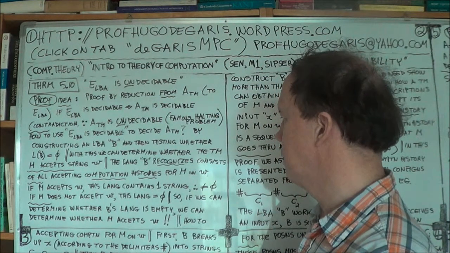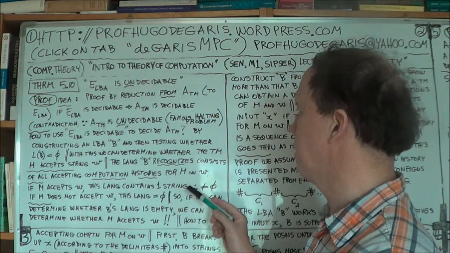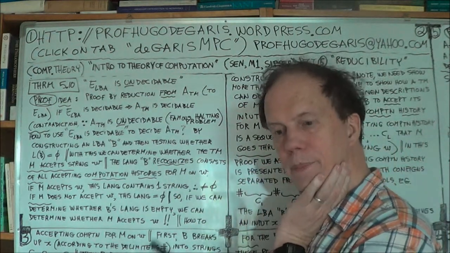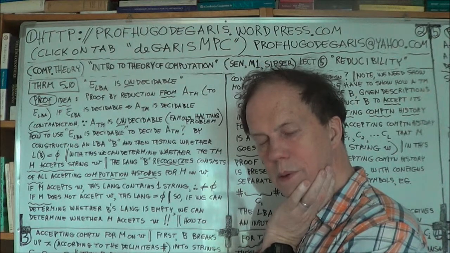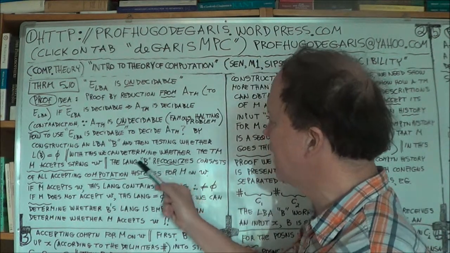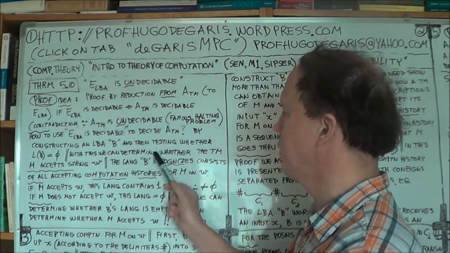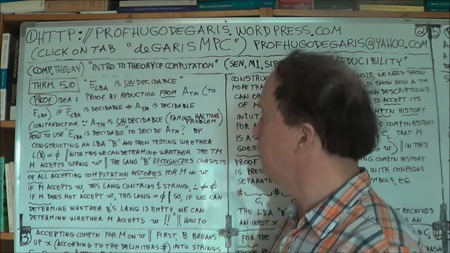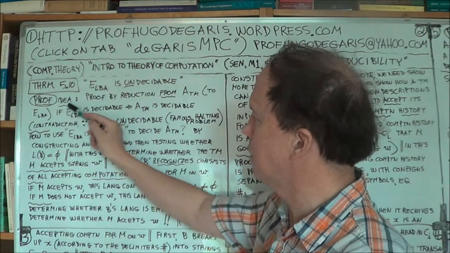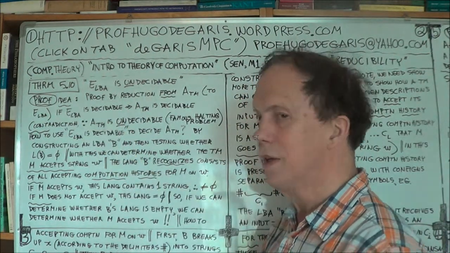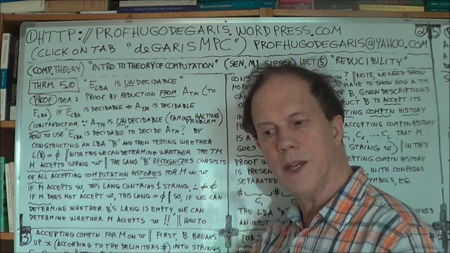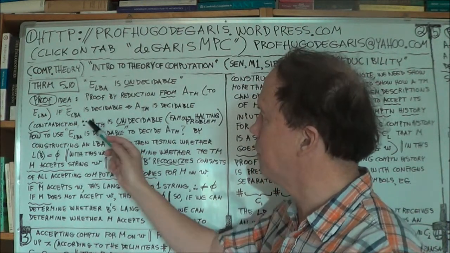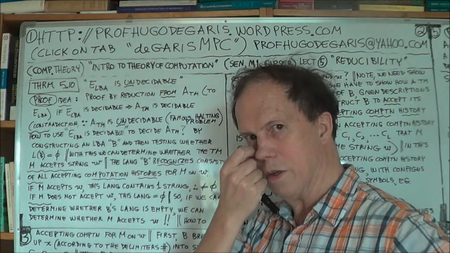to see whether B's string, we'll use B's language, the language that B recognizes, and we will use the Turing machine that does this to say yes or no whether this language is empty or not.